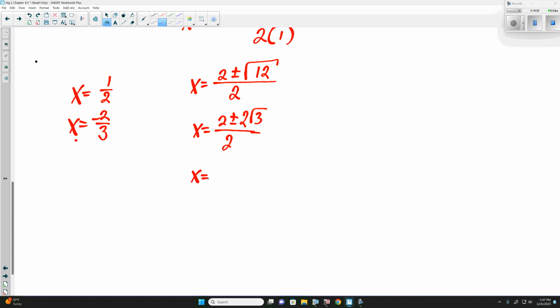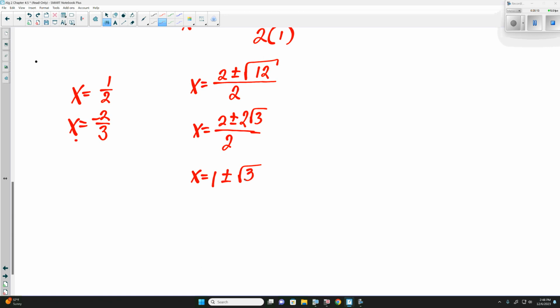Is 2 and 2 square root of 3 divisible by 2, our denominator? 2 divided by 2. 2 square root of 3 divided by 2. Well, the 2 divided by 2 is just the square root of 3, because the 2 and 2 become 1. 1 times the square root of 3 is just the square root of 3.